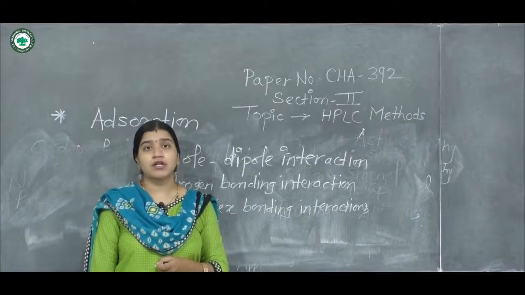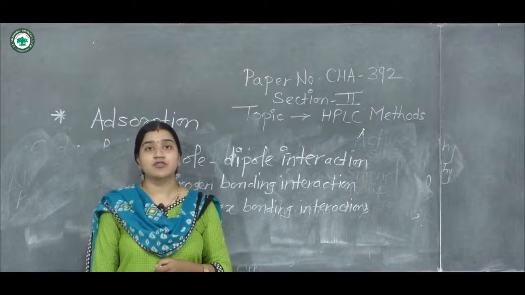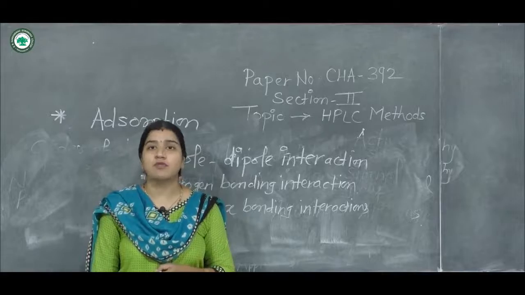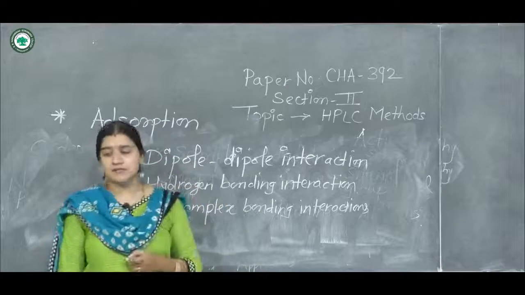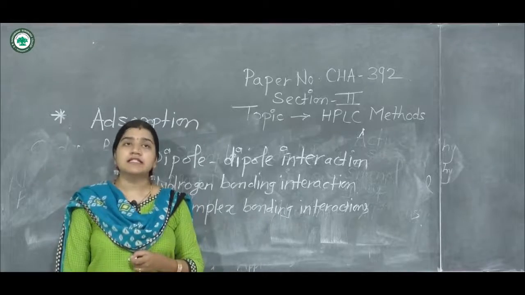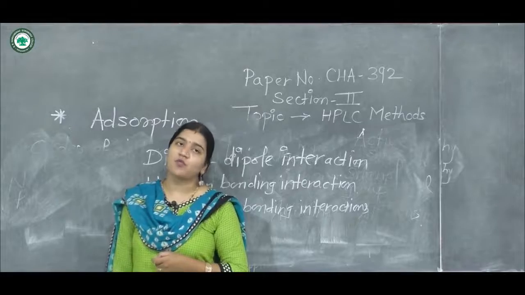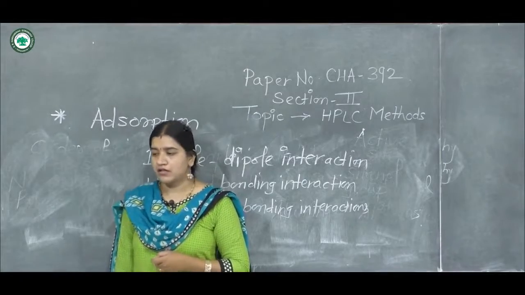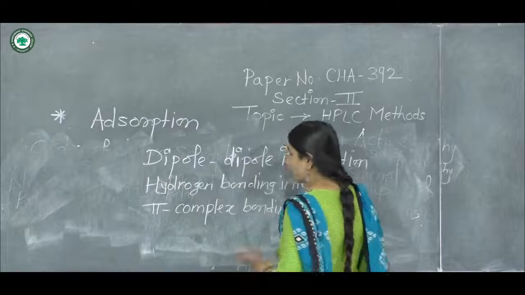For hydrogen bonding, intermolecular hydrogen bonding and intramolecular hydrogen bonding are the two types. And pi complex bonding interactions arise when the molecule has one or several double bonds, or the presence of a lone pair of electrons.